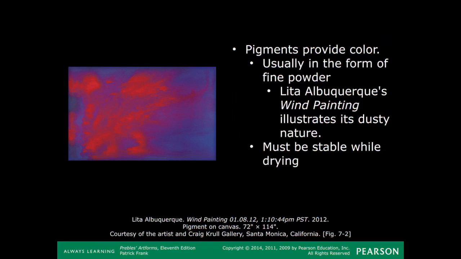If you look at this example by Lita Albuquerque, the work is called Wind Painting, illustrating the dusty nature. What the artist does here is she creates painting just from using the pigment itself in its powder form.